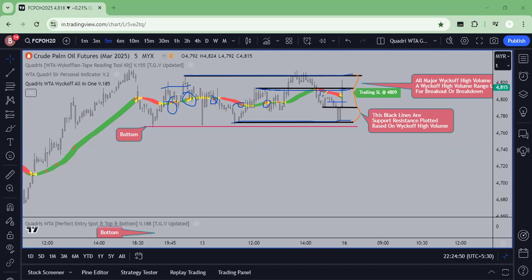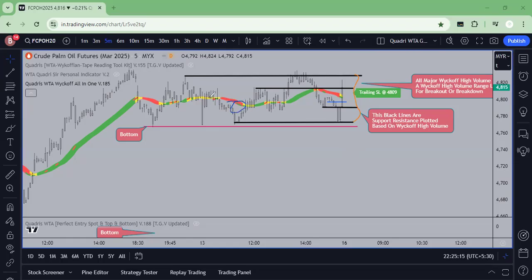Then I got this particular demand. I extended this level. So now I'm trying to see which level will be held or respected, or would be broken out or broken down. So this is how I do my analysis, which is very simple and very straightforward.